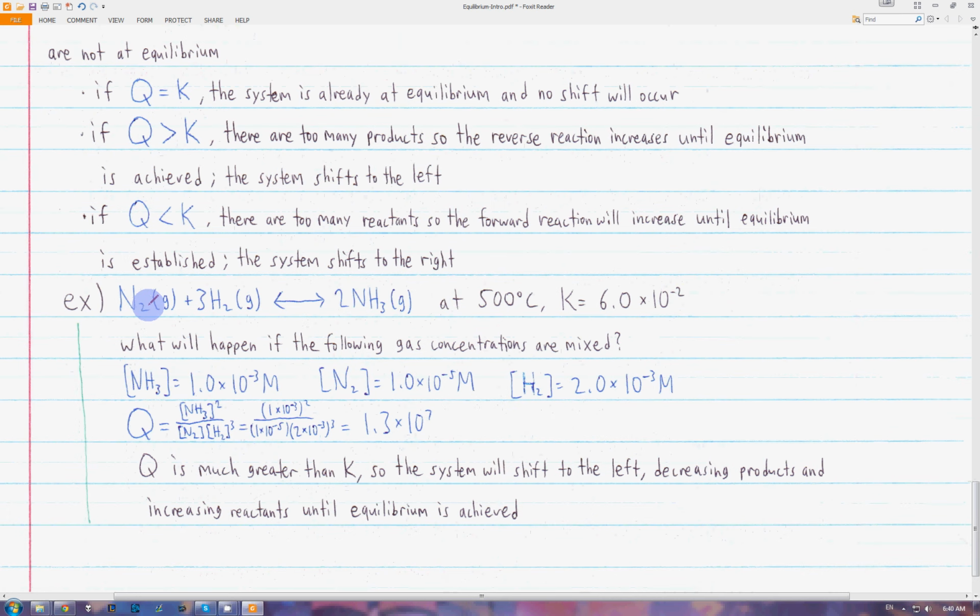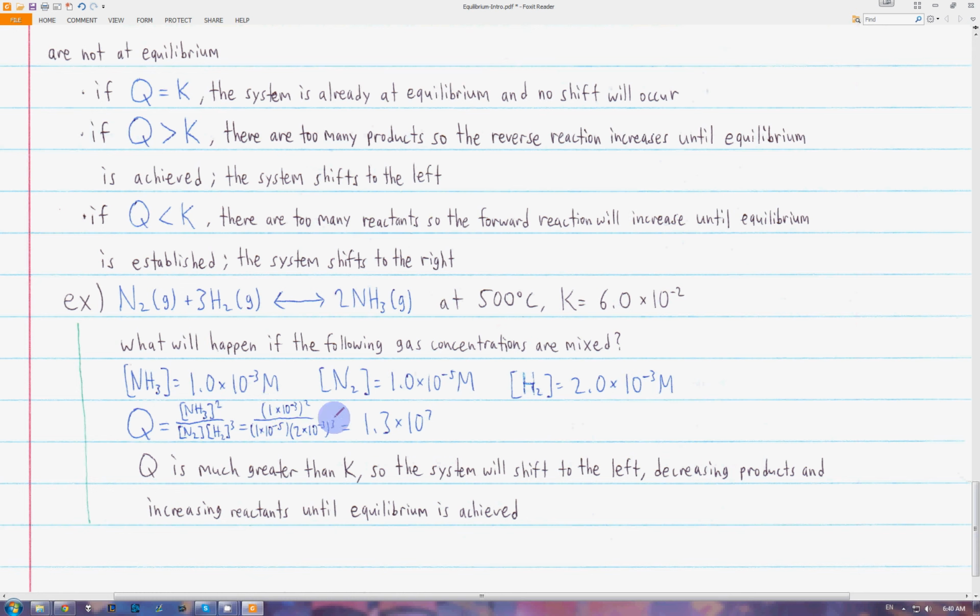So if we have this reaction here, and the K is this value. And so when we mix these initial concentrations of gases, we can use the reaction quotient to predict what will happen. So we write the equilibrium expression, but instead of plugging in the equilibrium concentrations, we plug in these initial concentrations.